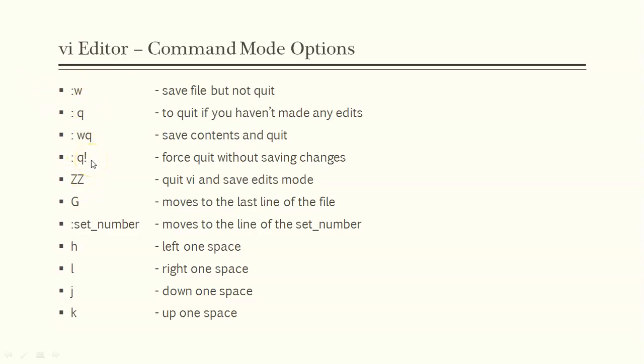What if you have opened a file, made some changes, and you don't want those changes to be saved? You would like to quit it now. You can't go back and delete all the changes that you made, isn't it? So in order to quit the file, simply use :q!.